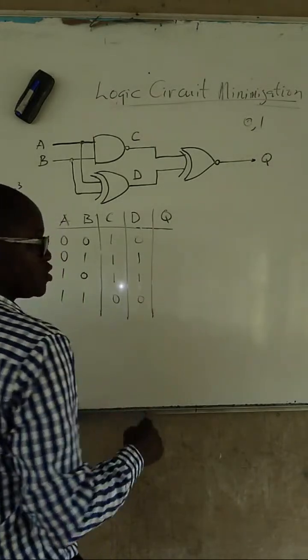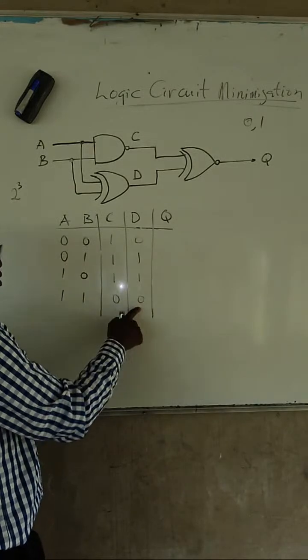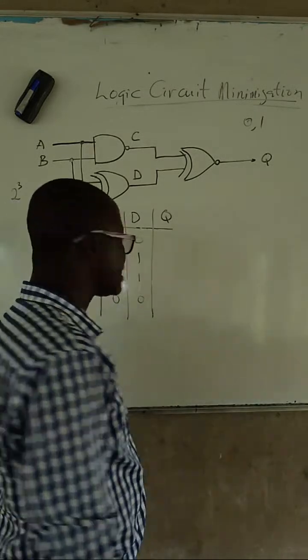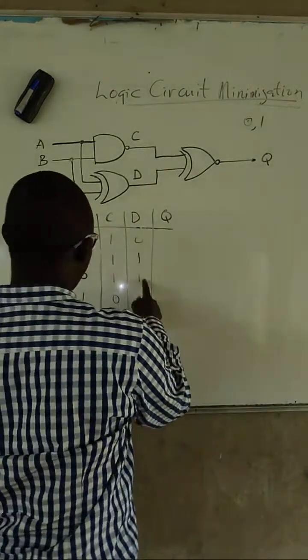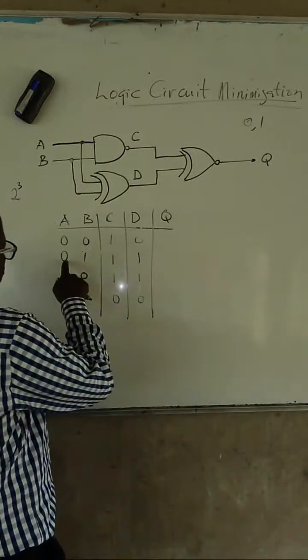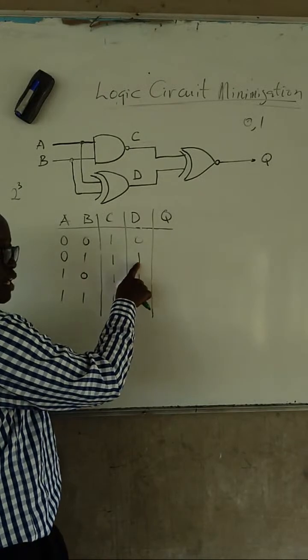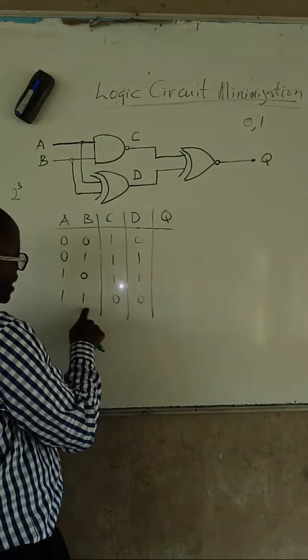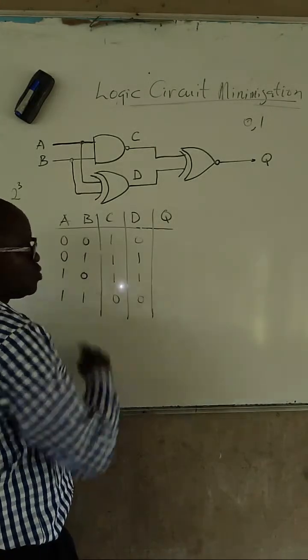So XOR does not allow both inputs to be 1 in order to have a high. It allows only one of the inputs to be 1 for us to get an output, like we treated in a previous lecture. So either of the two will be 1, then we're going to have the output. When both of them are 1, there will be no output. And when both of them are low, there will be no output.